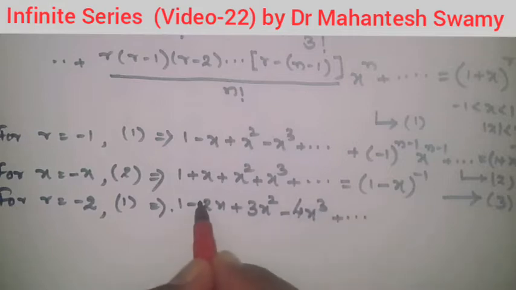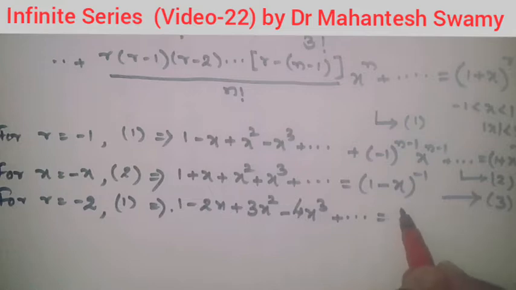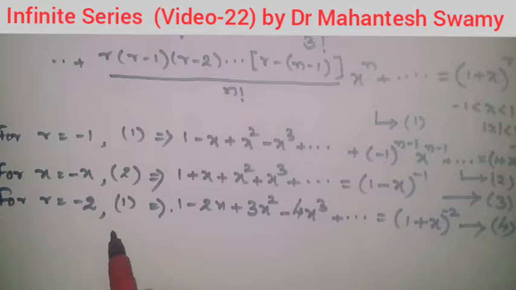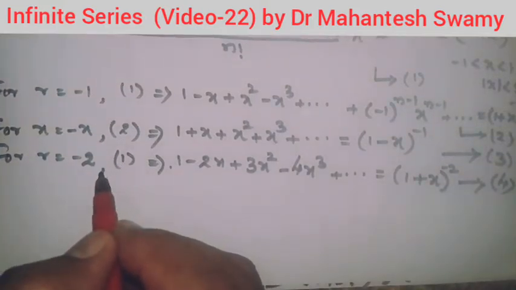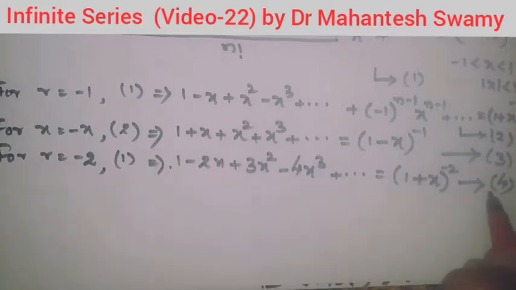This type of infinite series has the value 1 plus x to the power r, where r is minus 2. So this is another important series we will be making use of, and call it series number 4. Now r is equal to minus 2 has given us equation number 4.